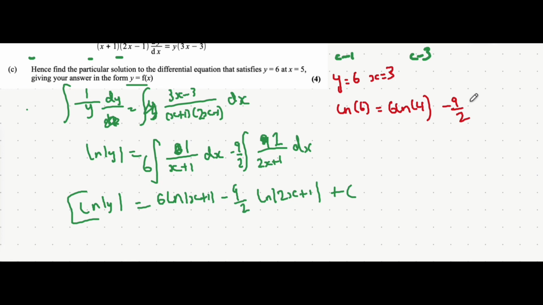Minus 9 over 2 ln of, well, 2 times x is 6, plus 1 is 7, and then plus c. Honestly, the best way is just to put this in your calculator, so I'm just going to very quickly do that. C equals ln of 6, take away 6 ln 4, plus 9 over 2 ln of 7.